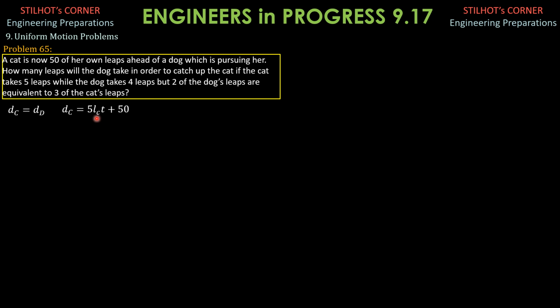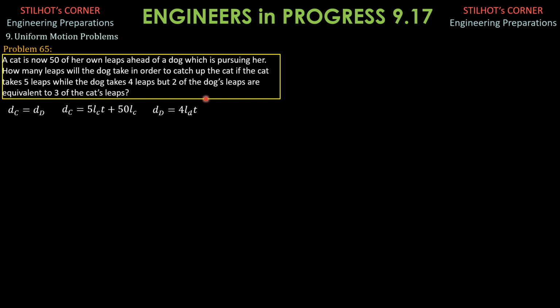I denote the cat's leaps as L sub C here. The dog, on the other hand, has a speed of 4 dog's leaps per second times time. So that's the distance that the dog should cover.